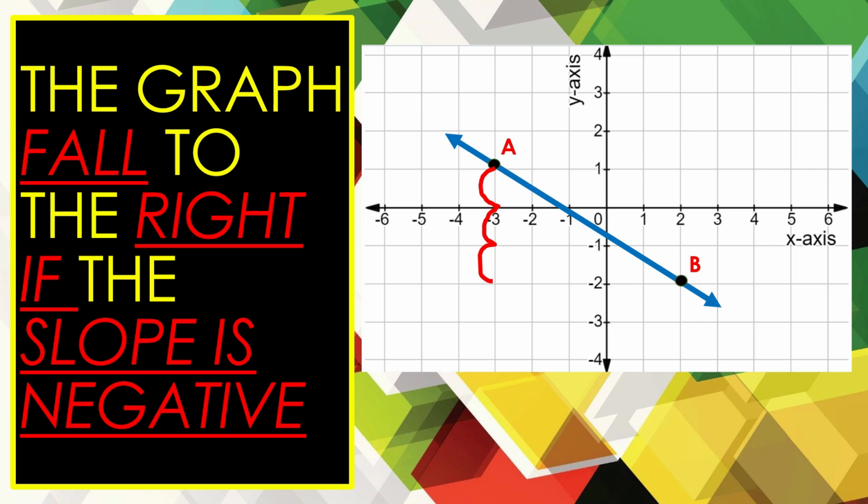When we count it, our rise will be negative 3, because it's going downward. Now from the endpoint of the red line going to point B will be our run. So our run is 5. Our slope is negative 3 over 5. So the graph falls to the right if the slope is negative.